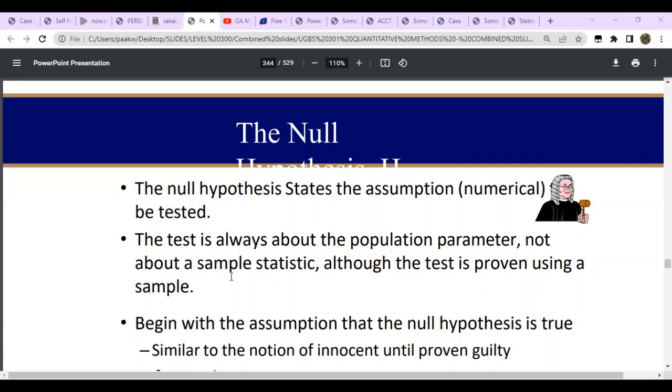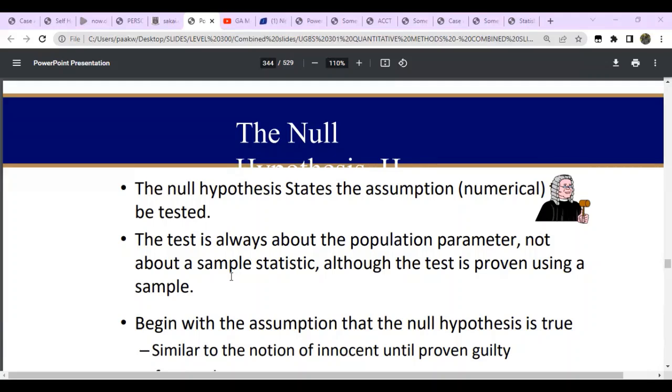So the null hypothesis is that assumption or numerical value to be tested. So the 3 represents the assumption to be tested. That becomes your null hypothesis.